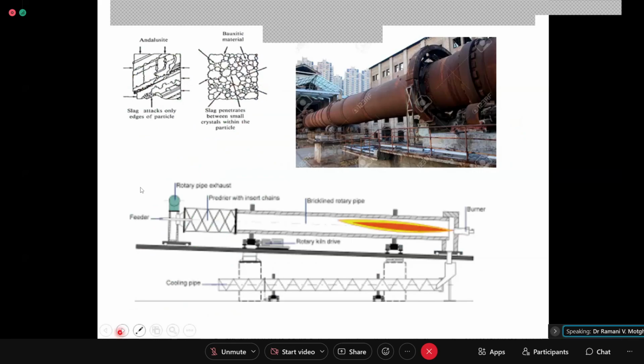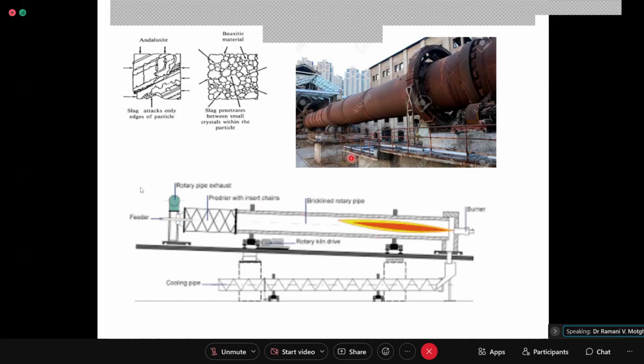Now, here we see this is a rotary kiln. A rotary kiln is one where cement manufacture is done. The length of this kiln is almost 50 meters, and at the lower end of the kiln, like you can see, there is an angle of inclination, and the kiln rotates around it. At this point there will be the zone of burning.